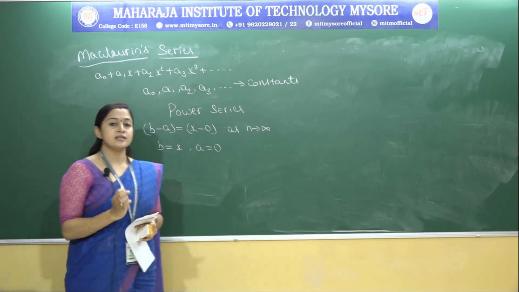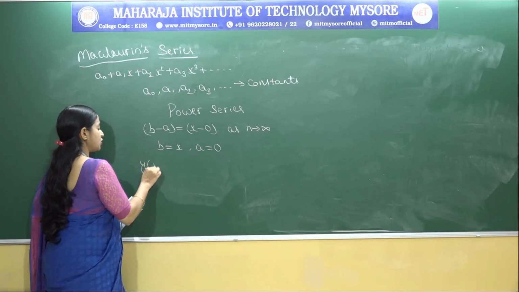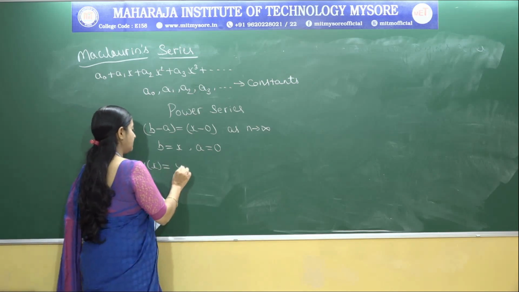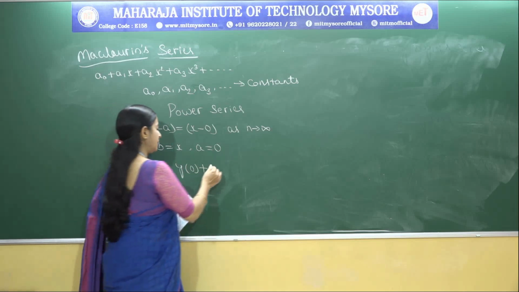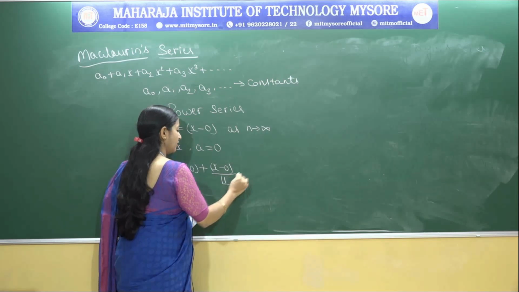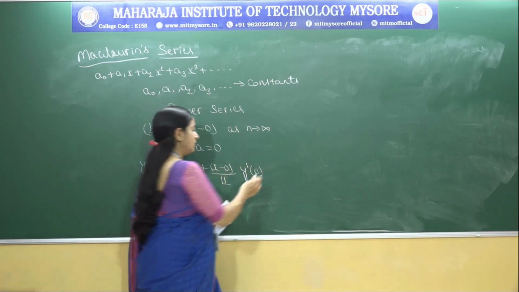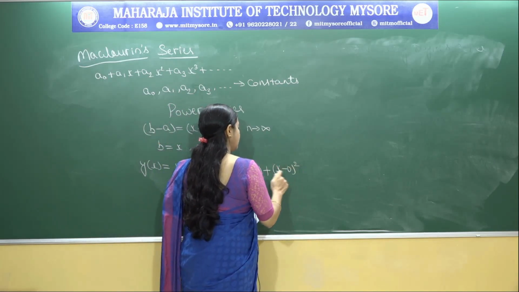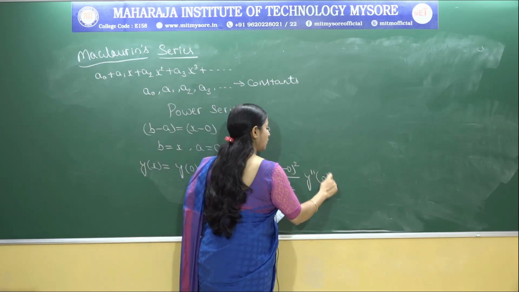You know the Taylor series expansion, that is, the first term in the LHS is y of b. So you write y of x equals y of a, that is y of 0, plus b minus a, that is x minus 0, divided by 1 factorial, y dash of a, that is y dash of 0, plus x minus 0 whole square divided by 2 factorial, the second derivative of y at 0.